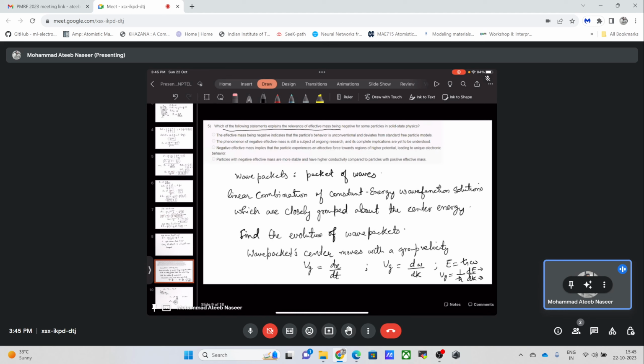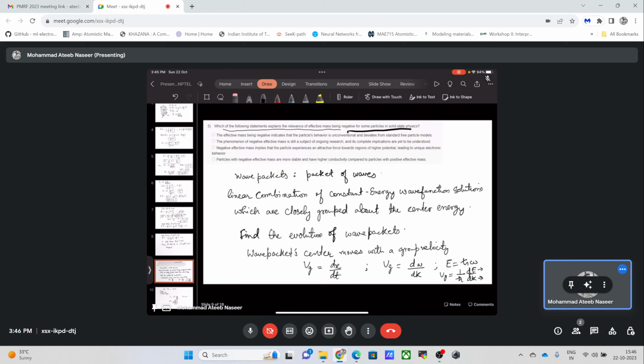Now what is the relevance of the effective mass being negative for some particles in solid state physics? What does this mean?